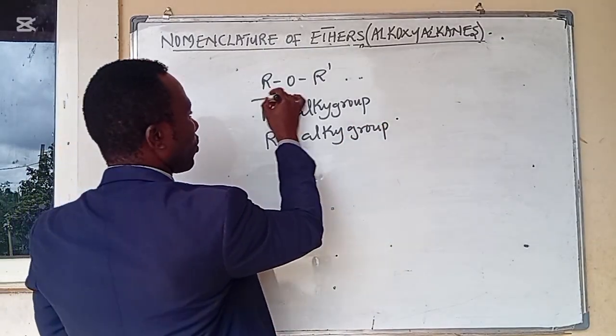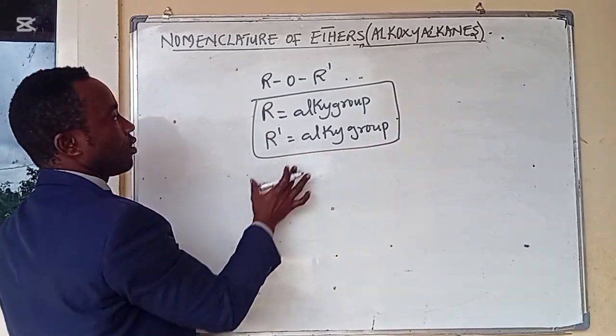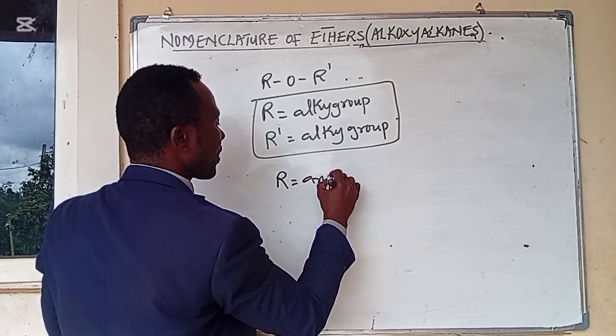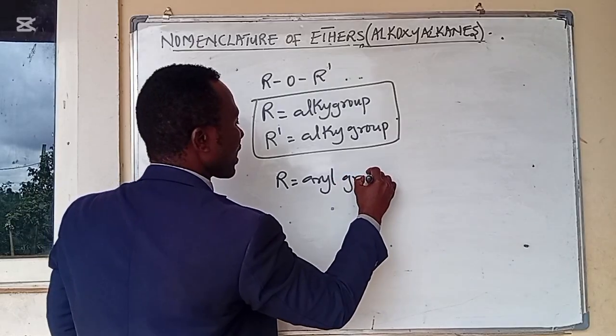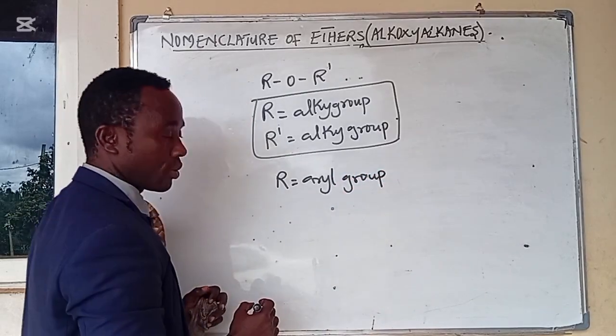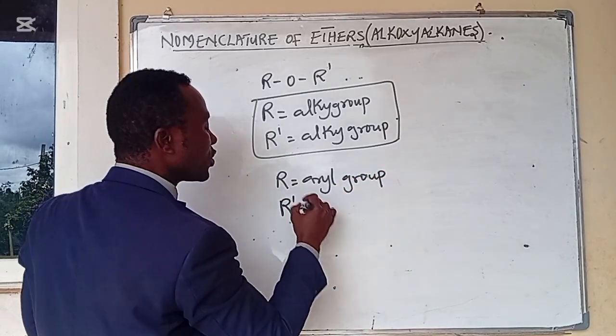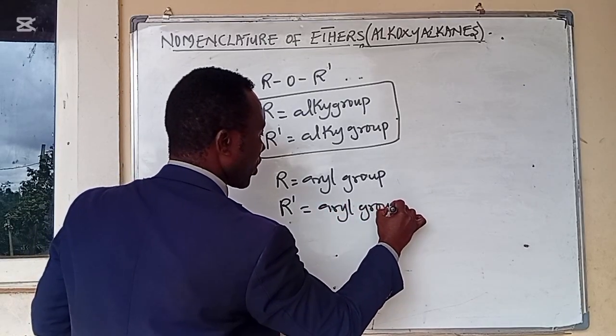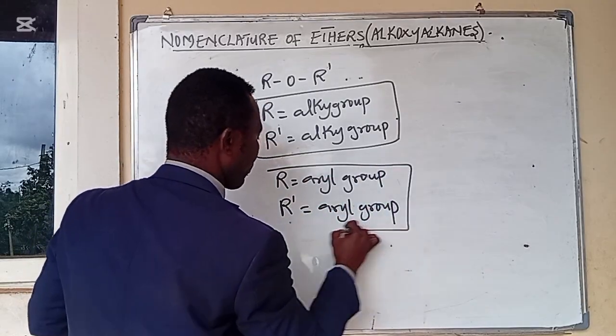Also, we have a situation for ethers where R is an aryl group, while R prime is also an aryl group. It is possible for ethers.